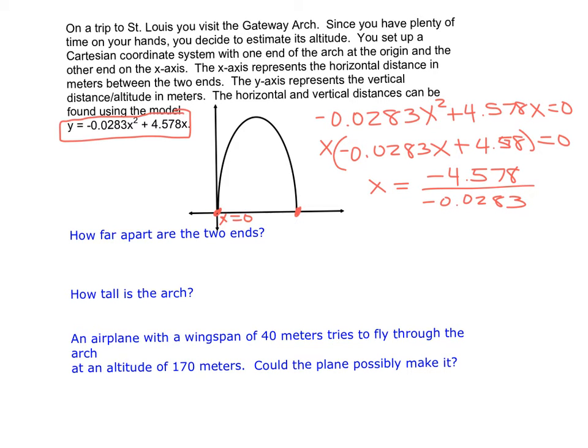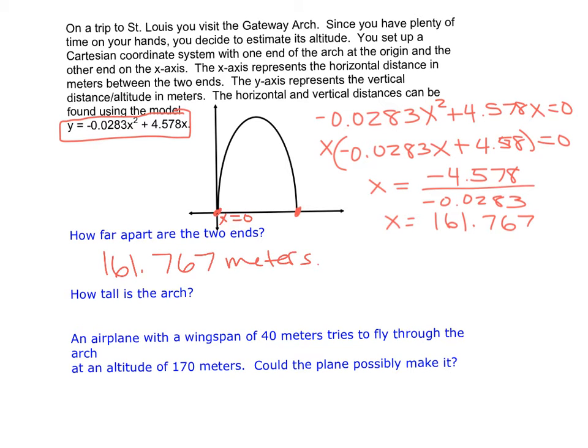Negative 4.578 divided by negative 0.0283. I got 161.767. So that's how many, what is this in? Horizontal meters. So 161.767 meters.